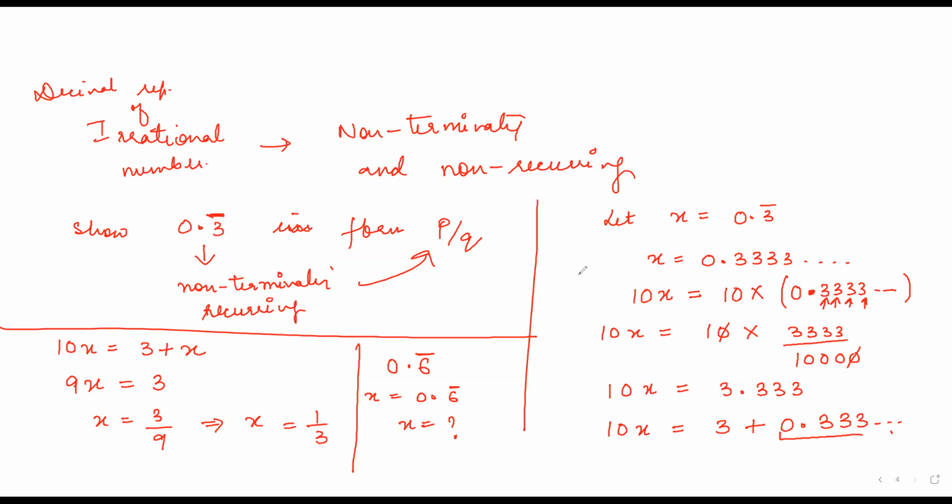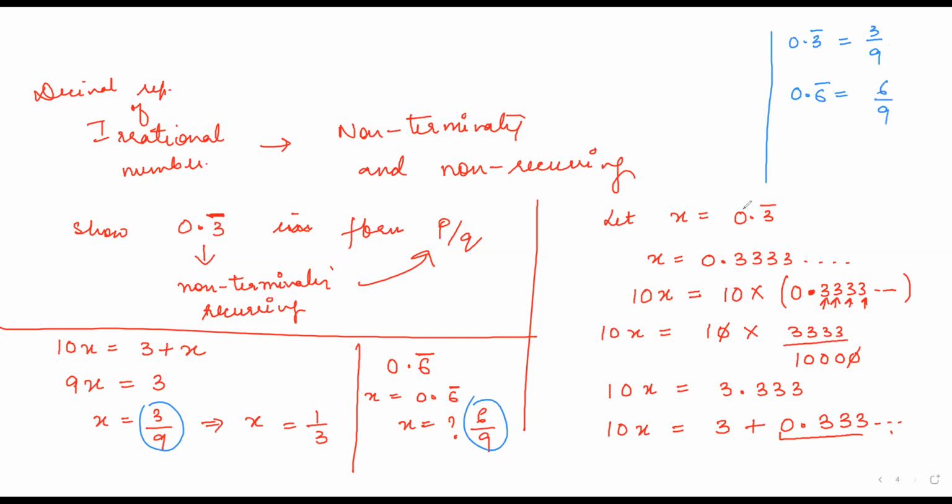So 2 by 3 means 6 by 9 you are getting, right? See, there's a pattern here. If you see, what is the pattern? For example, I'm finding 0.3 bar, so what I get here is 3 by 9, right? When I'm finding 0.6 bar, I'm getting 6 by 9.